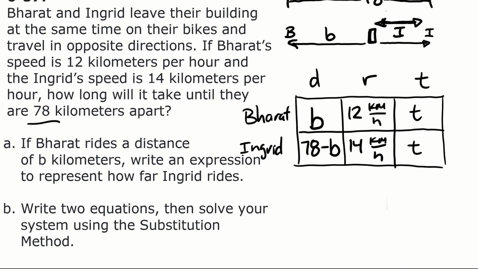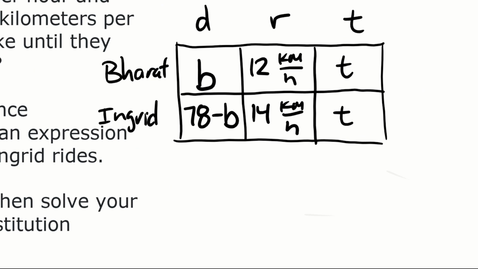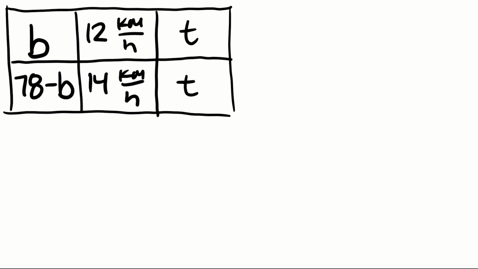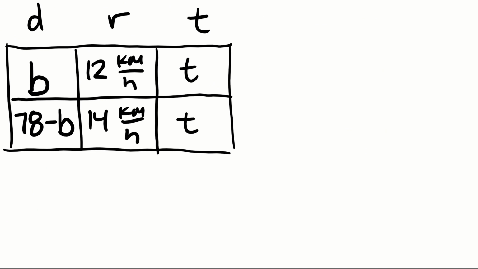So part B asks us to write two equations and solve the system using substitution. So if I come back up here, remember the relationship between distance, rate, and time. Distance traveled equals rate times time, and we got that from dimensional analysis over the last 2 days. So I can say that Bharat's distance, b, equals his speed, 12, times t.